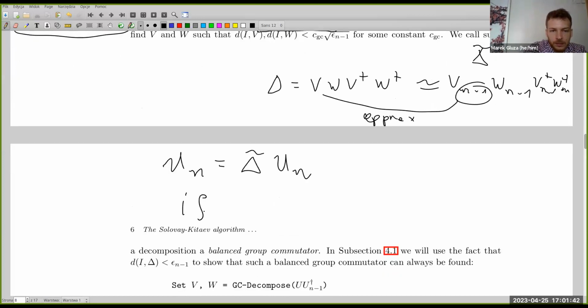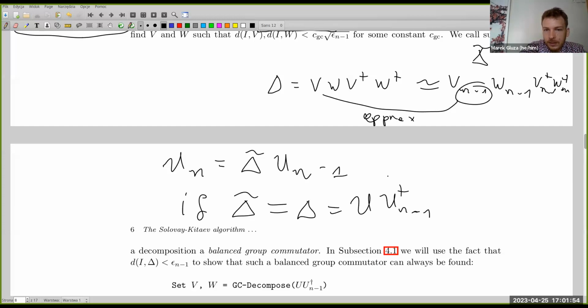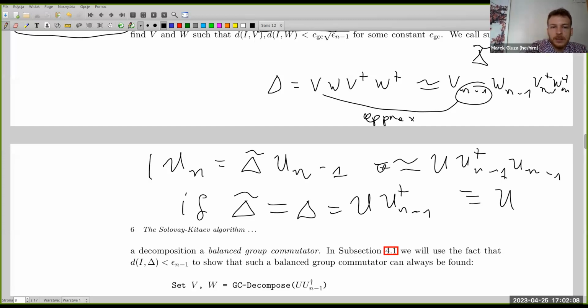If the approximation is perfect, then this delta is U_{n-1} dagger, which would mean that this is approximately U_{n-1} dagger U_{n-1}, which is U. That's why U_n is approximating U a bit better.